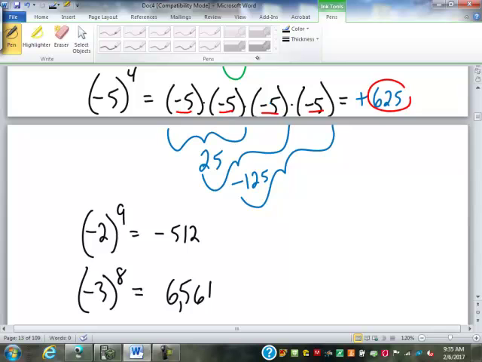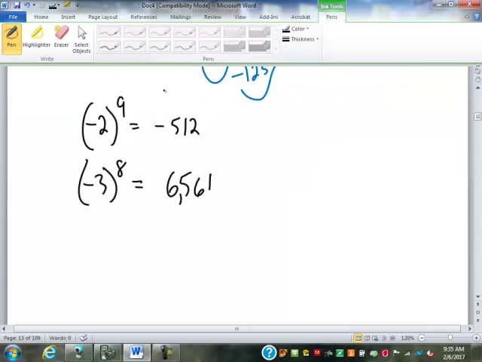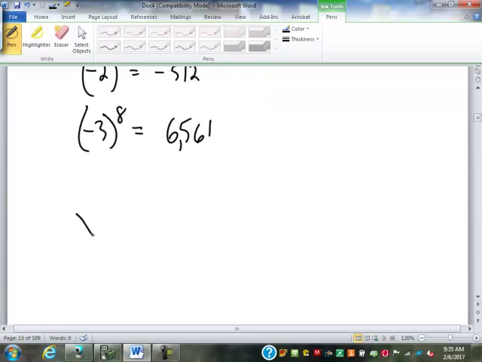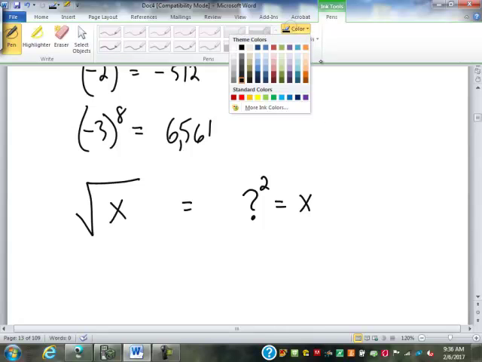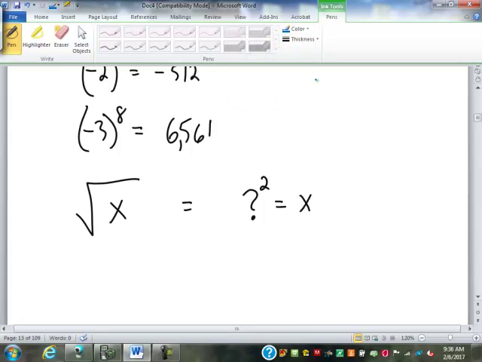Now, if you recall from the way we defined our roots, the square root of a number, I'm just going to put the square root of x, that is asking us what number squared equals x. Because of this definition, it puts limits on what x can be.